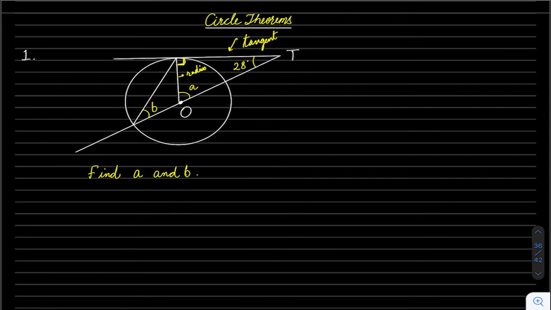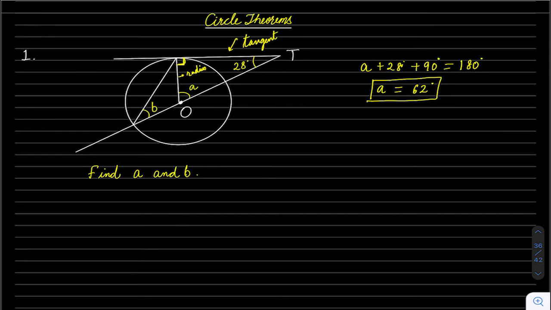So now if this angle is 90, we can find angle A. So angle A plus 28 degrees plus 90 degrees should be equal to 180 degrees. Sum of all the angles of a triangle is 180. So from this, I am getting my A value as 62 degrees. So that is my answer for A.